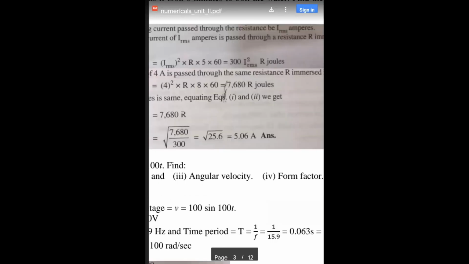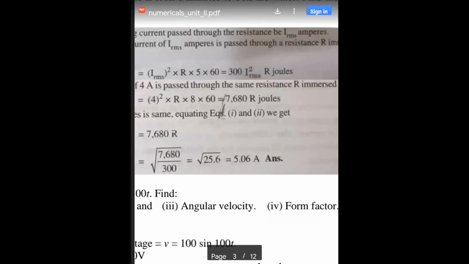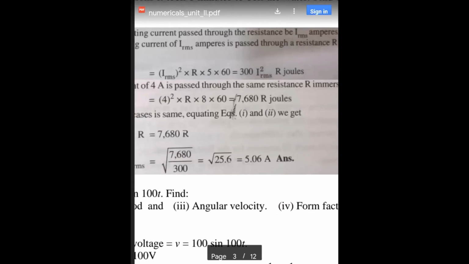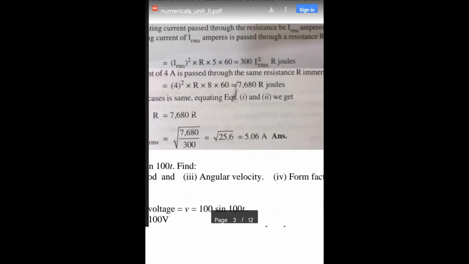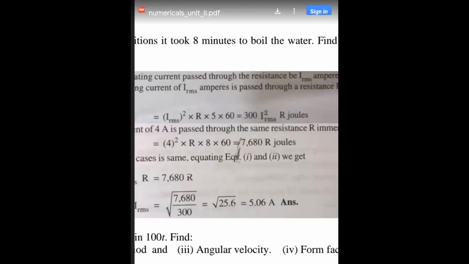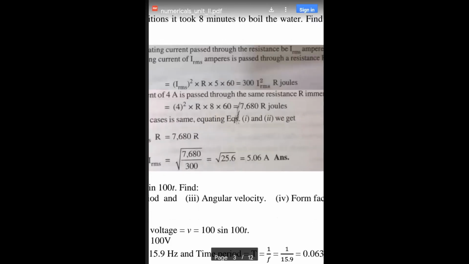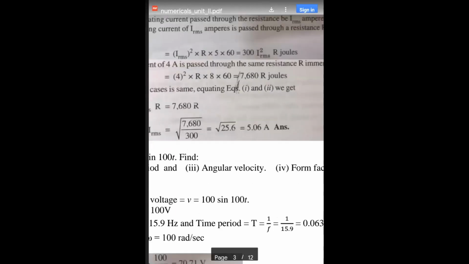Okay. So first of all, we have calculated the heat which is produced by the RMS current. So it is I square R and time is 5 minutes, so 5 into 60. So this is the heat energy which is produced. Now we consider the heat energy produced by the DC, that is 4 ampere current, and time taken is 8 minutes.